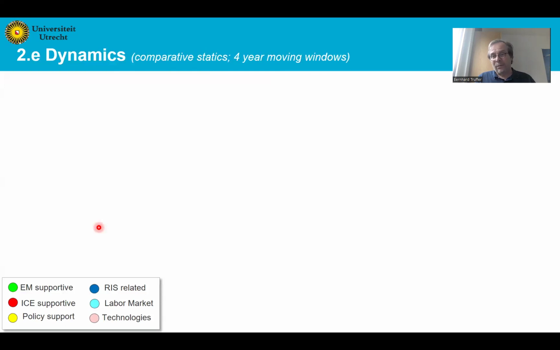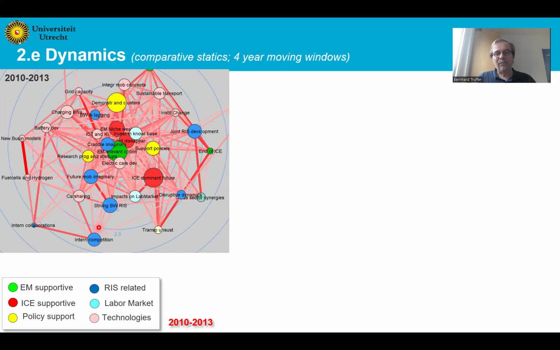Okay, so of course, now we had these comparative static time slices. You can, of course, go a step further and try to retrace the dynamics in the system. So what I did here was moving time windows of 4 years duration. And also here you have the situation from 2010 to 13.